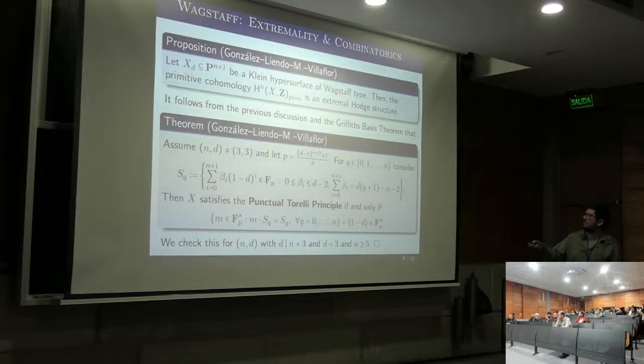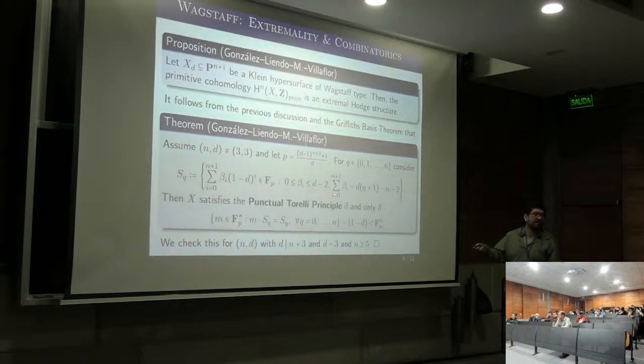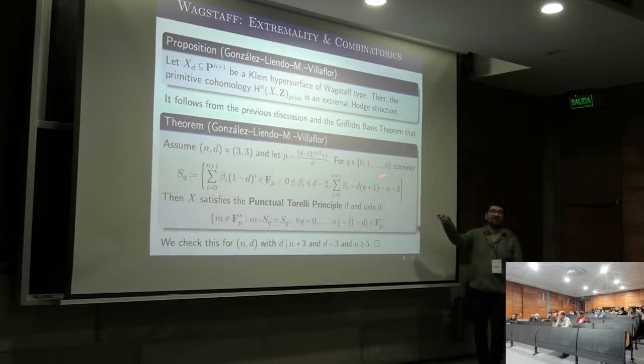And the condition, let me just read it for the sake of completeness, is that you look at this kind of minus 1 over d adic expansion, such that the coefficients are bounded, and the sum is this number. If you have seen the Griffiths basis theorem, this should be familiar to you. This is the thing that appears when you read the theorem.